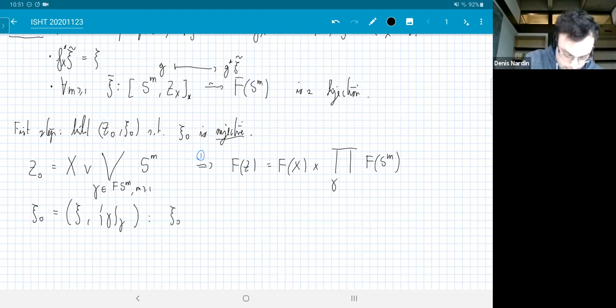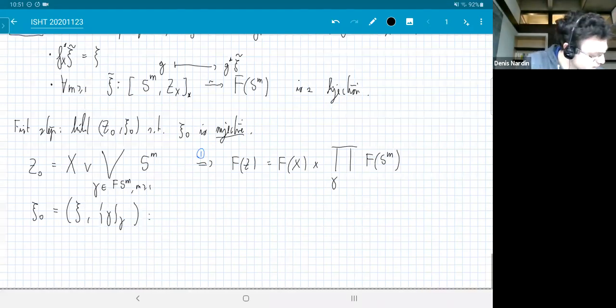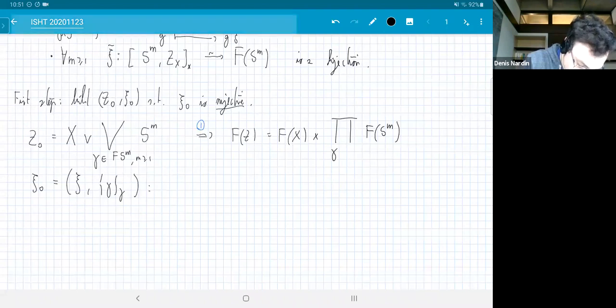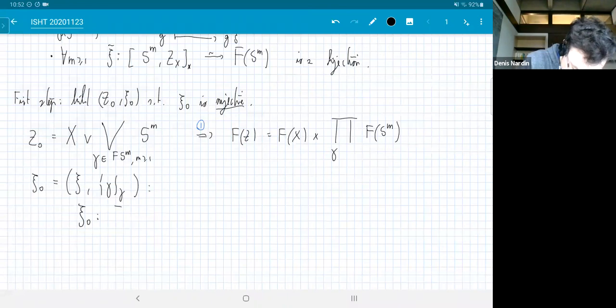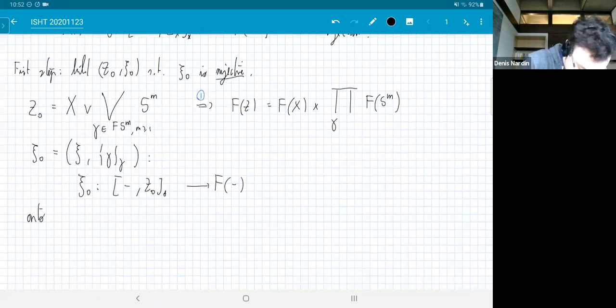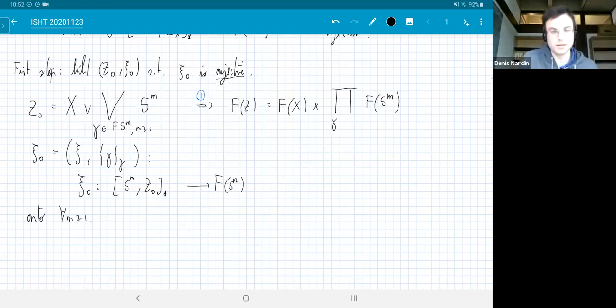And xi0, we have this map xi0 from Z0 into F, which is onto for every n greater or equal than 1. That's onto because, well, we put a lift by hand for each gamma.